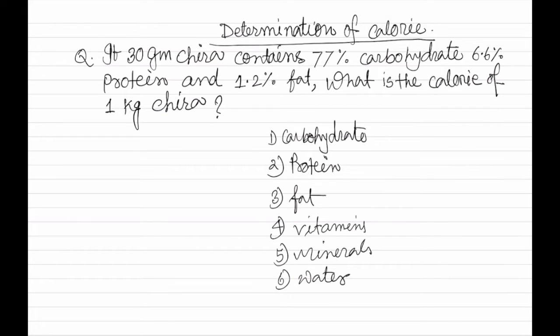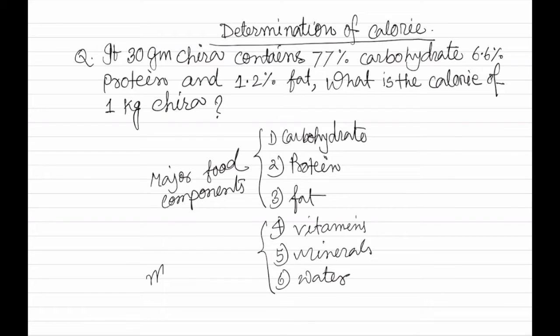First three food components are generally known as major food components, and last three food components are generally known as minor food components.